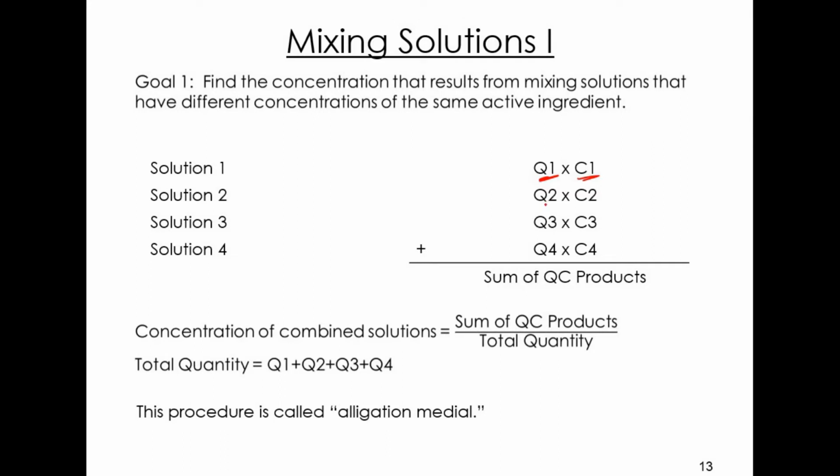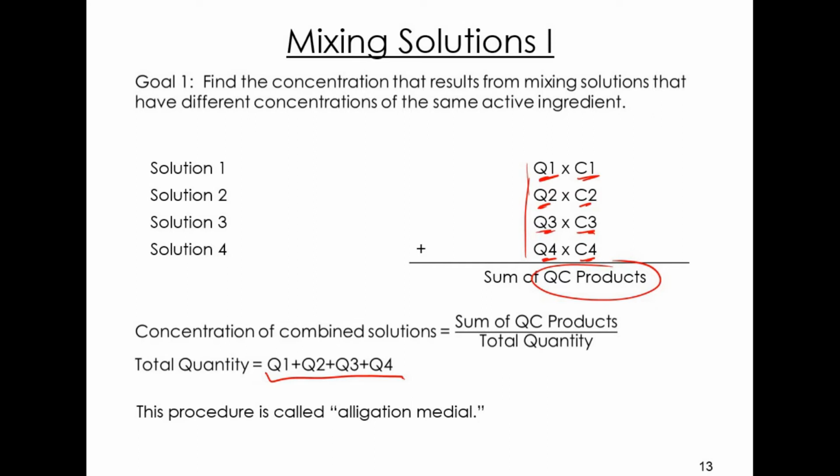So we can multiply Q and C together for each one of the solutions that we're mixing together, and that sum of QC products represents the total amount of drug. The total quantity will come from summing together the volumes of each of the solutions that were mixed together. Q1, Q2, Q3, and Q4 will be summed together, and you'll get the total quantity from that.